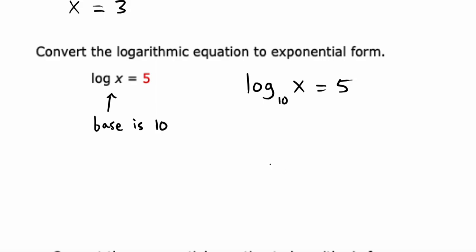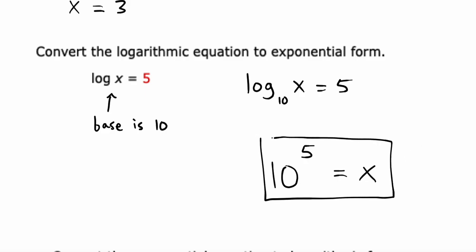So let the base become the left side of the equation here, raise it to the power of what's on the opposite side, and then set that equal to x. That's the answer because it just wants the equation in exponential form. But it looks like if we did solve it, we would get 100,000 is x.